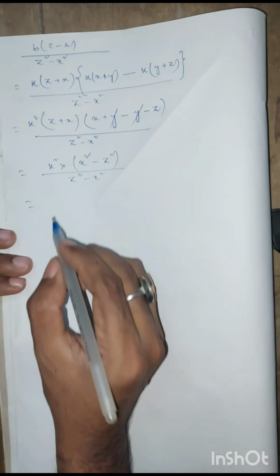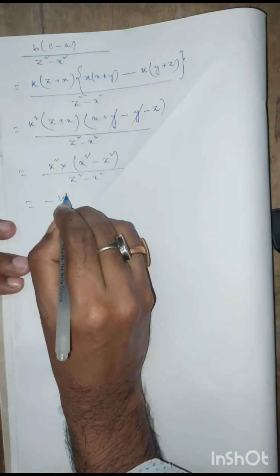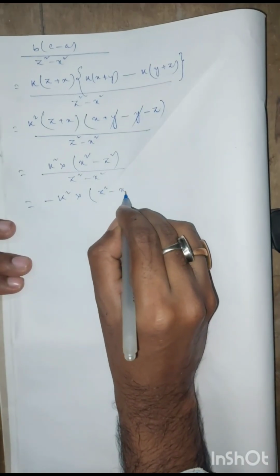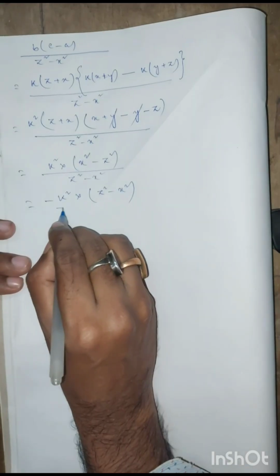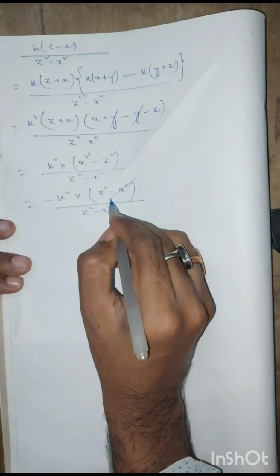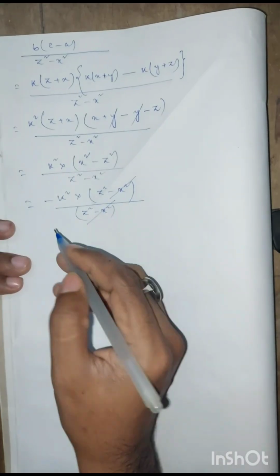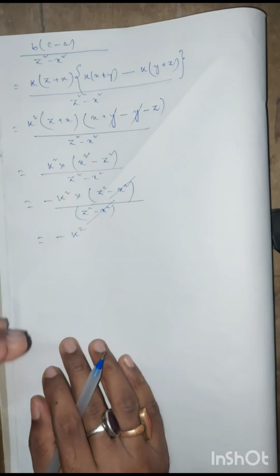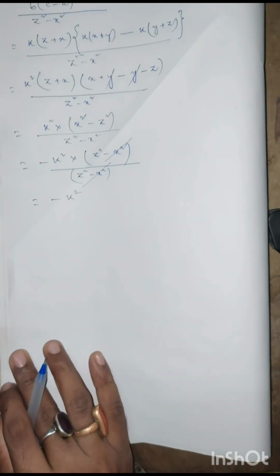If we take minus 1 common, it gives us minus k square into (z square minus x square) by (z square minus x square). So we can cancel out the whole term and we are left with minus k square. So the second ratio is also equal to minus k square.